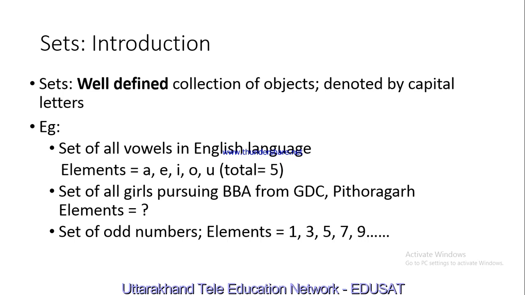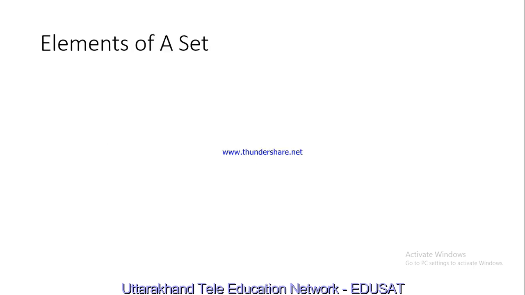We know as to whether a particular number will belong to this set or not. For example, we'll know that the alphabet O is not going to be part of this particular set because the set is of odd numbers. Likewise, the number 4 is not going to be part of this particular set because 4 is an even number. So the point is that the set has to be very well defined.